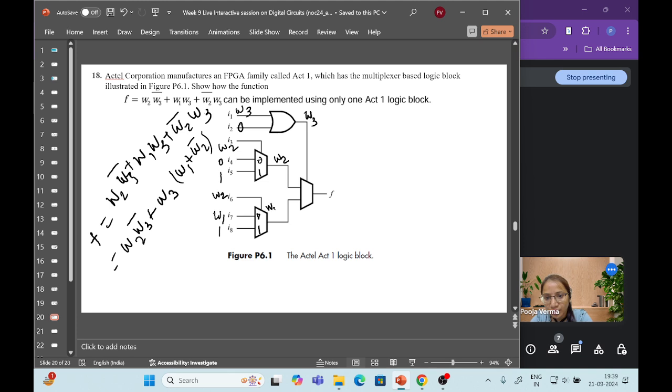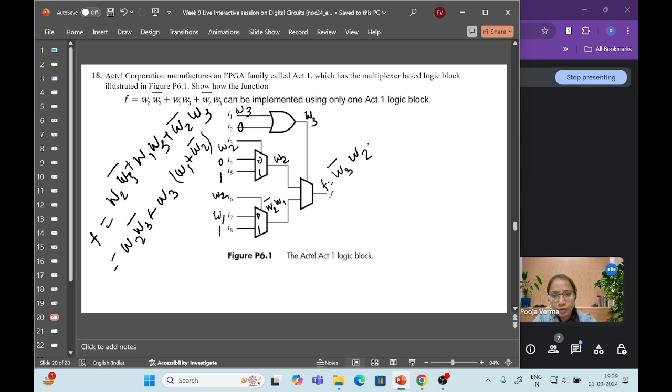So that means W2 dash W1, right? So here W3 dash, if it is 0, that means W3 dash. So W2 will be reflected here.